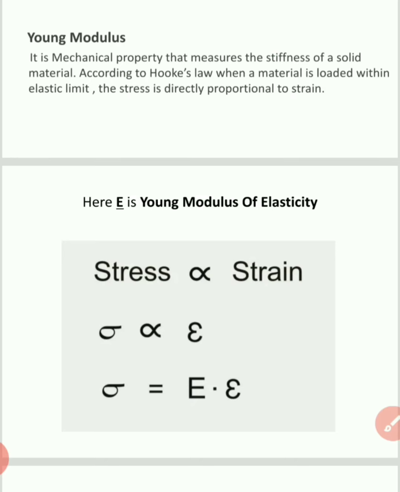According to Hooke's law, when a material is loaded within the elastic limit, the stress is directly proportional to strain. When we remove the sign of proportionality, a parameter E appears. This E is your Young modulus of elasticity, which tells the stiffness of a solid.